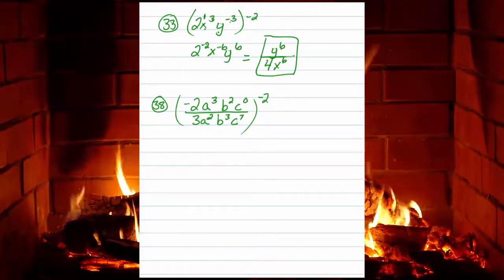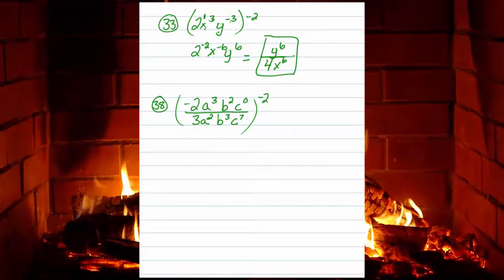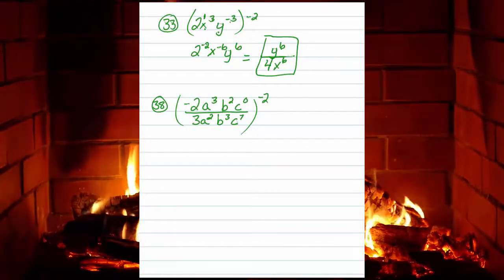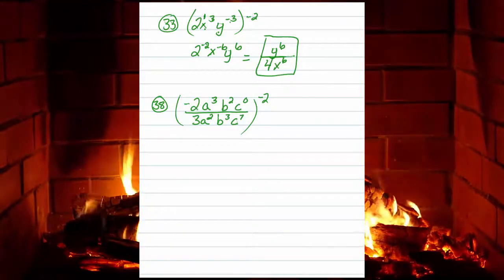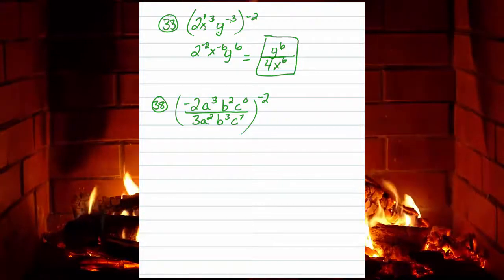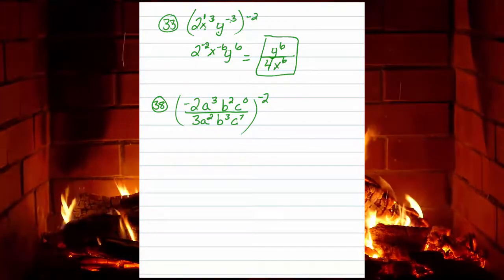Now again, there are multiple ways that you can attack a problem like this. Do remember that anytime you have a negative power, like the one we have outside the parentheses, it's going to change every power inside the parentheses to its opposite.